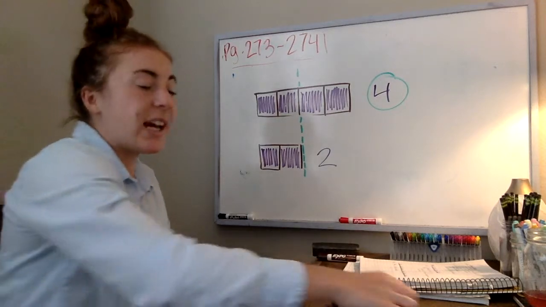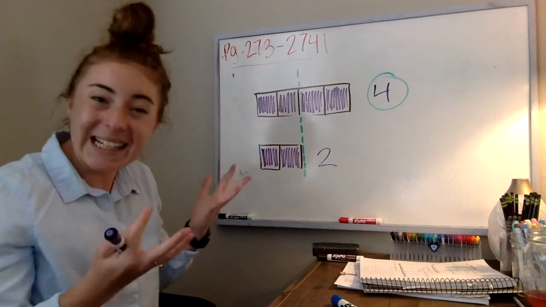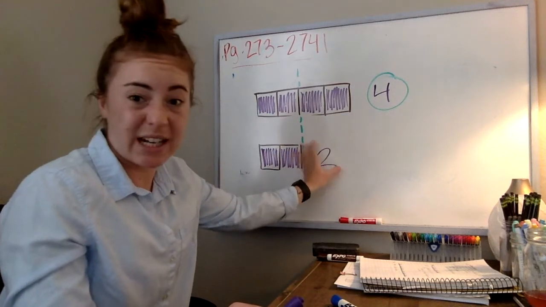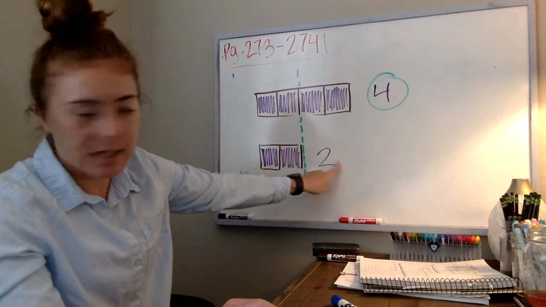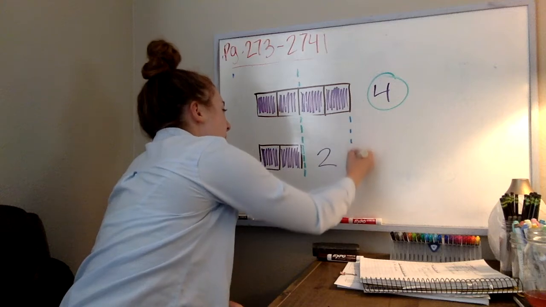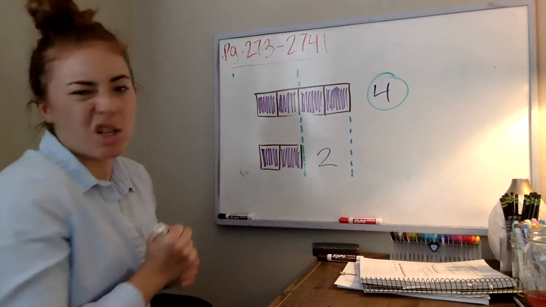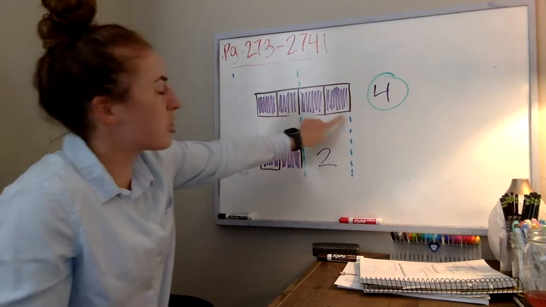Now, how could I write a number sentence to find out how many squares I would need to make this rectangle the same length? So how many squares do I have to add to make my rectangle go all the way to here? Do you have any idea? Let's start with our long rectangle.